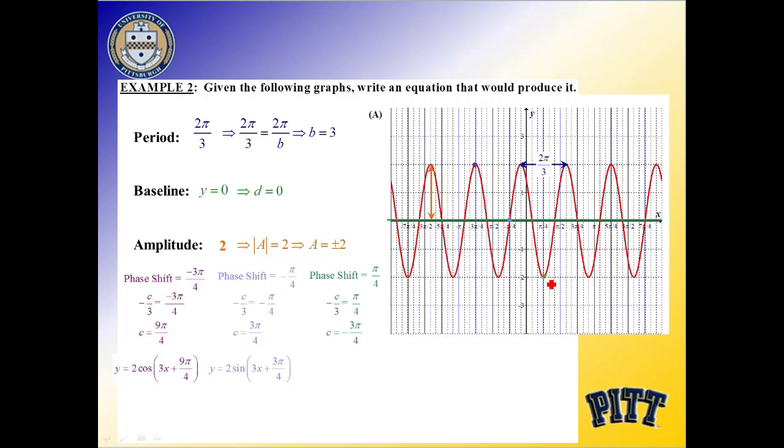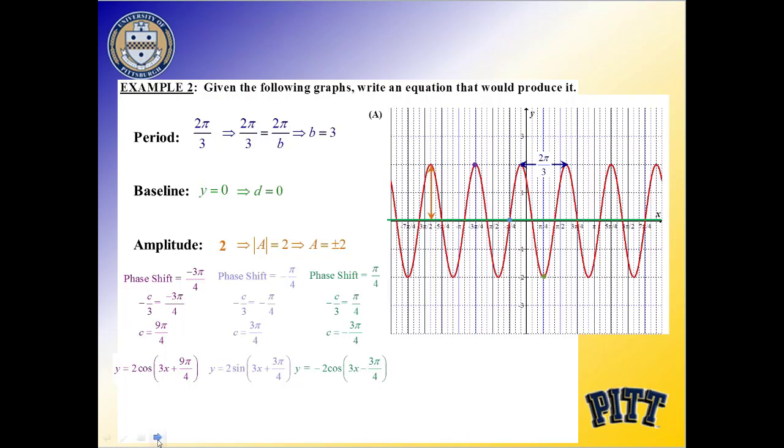If I'm starting at the lowest point, that means I have a reversal. So a is now going to be negative 2. I'm going to be using the cosine function, so now an equation I can have is y equals negative 2 times the cosine of 3x minus 3 pi over 4. Again, all three of these, if I were to graph each one individually, would produce the exact same graph.